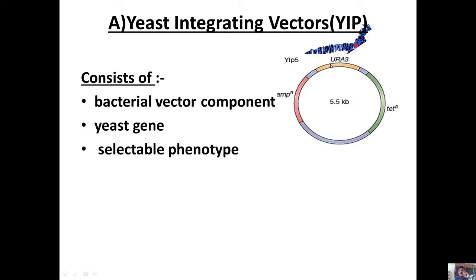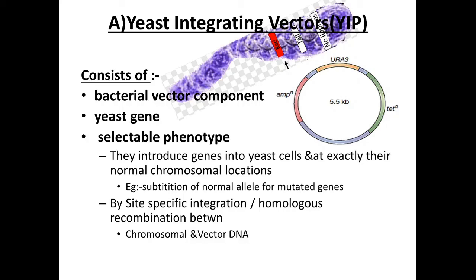See, this is the URA3 region, this is the adjacent right region, and this is the adjacent left region. In this yeast integration vector, the region from here to here is homologous to the yeast chromosomal region. So in this case, homologous recombination can occur between these two homologous regions of the yeast chromosome and the YIP vector.